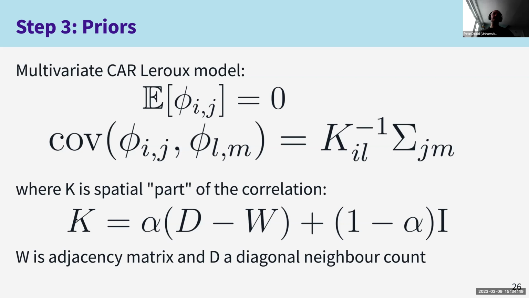Now, the Leroux bit means that the way you're parameterizing that covariance is to interpolate between no correlation between different spatial units and a correlation that depends on the neighborhood structure between countries.